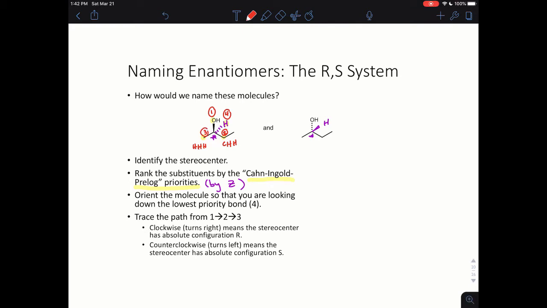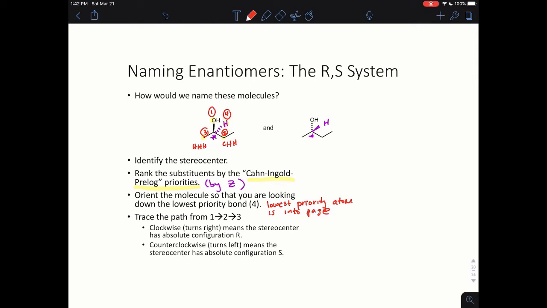Now, we're at step 3 here, and we want to make sure that we're looking down the lowest priority bond. So basically, the lowest priority atom is going into the page. And that's true here with hydrogen because it's bonded with a dash, so into the page.